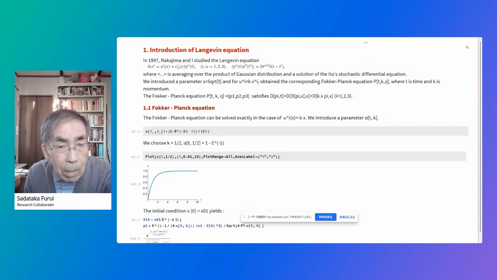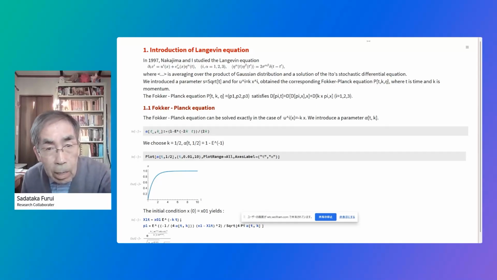We introduced a parameter s equals square root of t, where t is the time, and u_i equal to k x_i, and obtained the corresponding Fokker-Planck equation, P(t, k, eta), which has 3 dimensions and satisfies the derivative of P by t gives the second order derivative of P by x, and first order derivative of k x P.